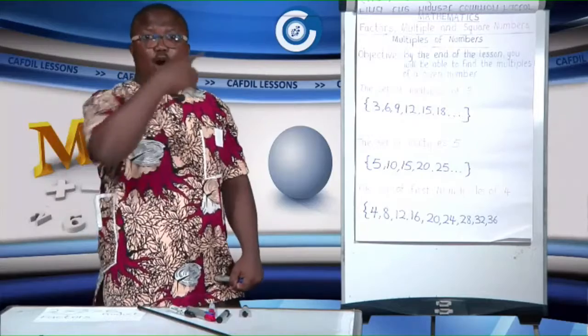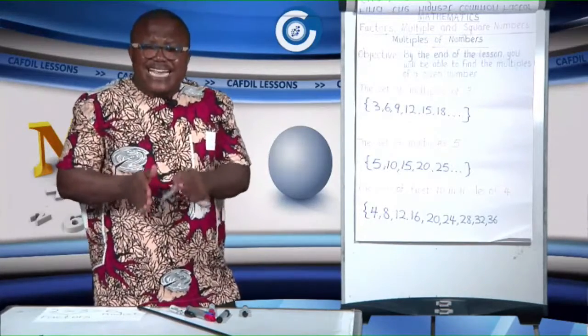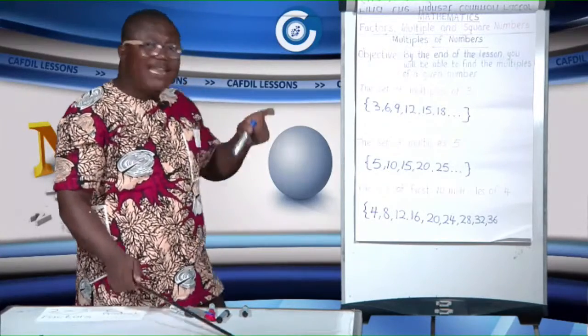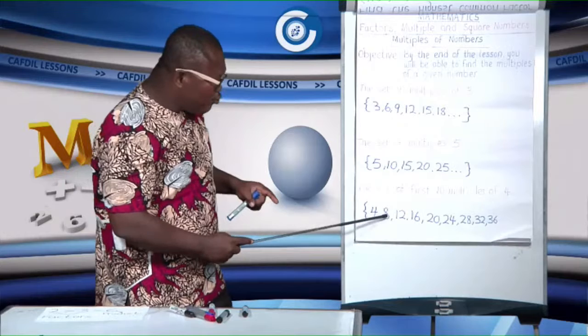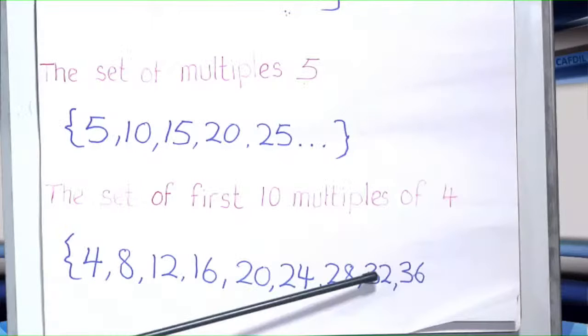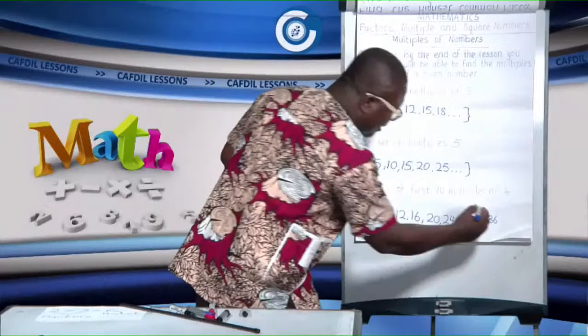If you do it more, you also get it wrong. You are supposed to do it exactly. The exact number. They are saying the first 10. So 1, 2, 3, 4, 5, 6, 7, 8, 9. So it means that I have to add another 4 to the 36. And when I add 4 to 36, what will be the answer? 40.